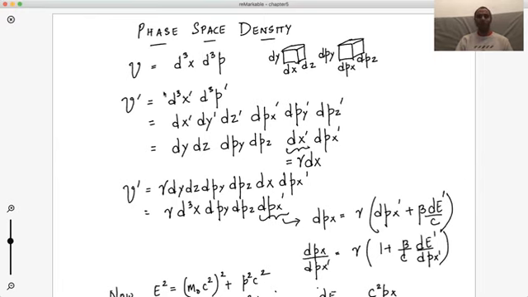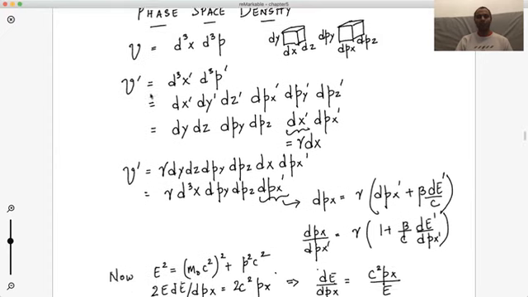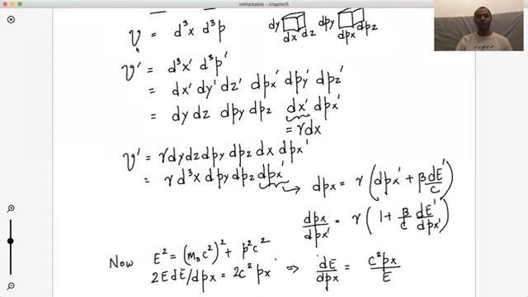Now, the question we want to answer here is how does this transform? So how do you transform volumes in phase space? Now let's go to another frame, the primed frame. So you're going to have the volume prime is equal to the primed quantities, and I'm going to just expand them out here.